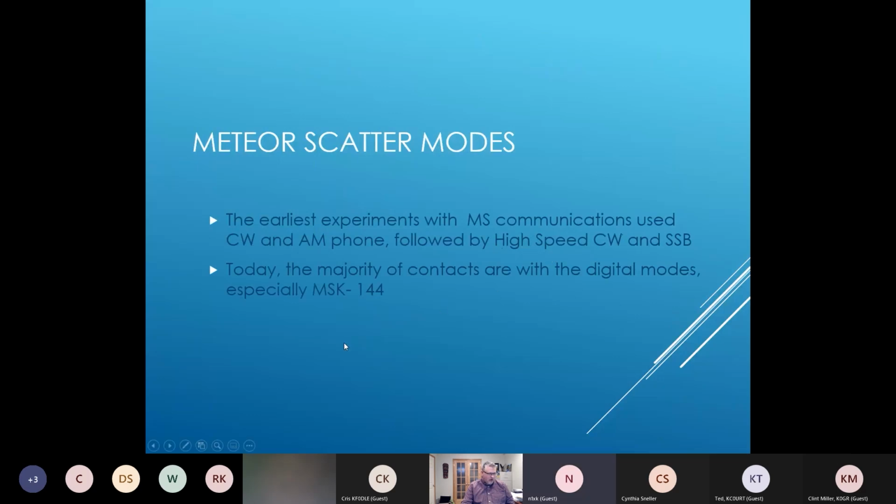And today, the majority of the contacts are with the digital modes. And what I'll be talking about a little bit later, MSK144, is probably the go-to mode. This mode's part of the WSJT-X protocols, which includes FT8, FT4, and the others. That was designed by Joe Taylor and his team.